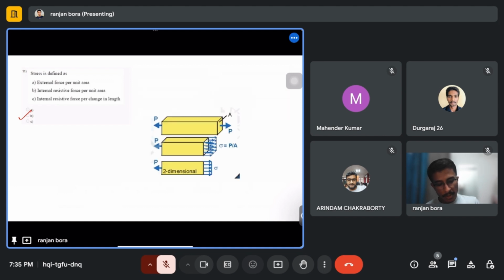You can see in this rod we apply a force P at both the ends, and now if we take a section, that means if we cut this rod along this plane, and this section is represented here, because of this force P, there will be some resistive force developed in these directions, and the magnitude of those resistive forces will be equal to this P which is applied. So this is the definition of stress, the resistive force per unit area. A is the cross sectional area.